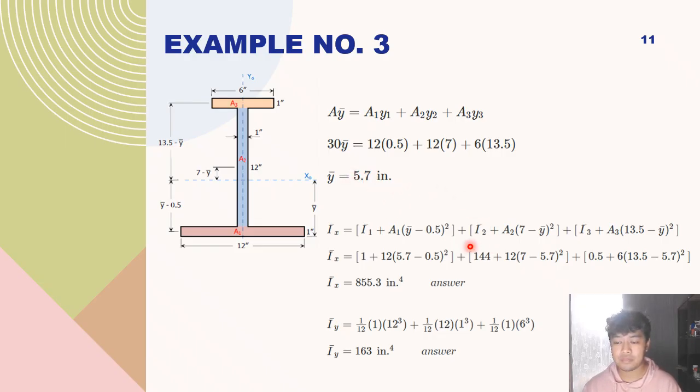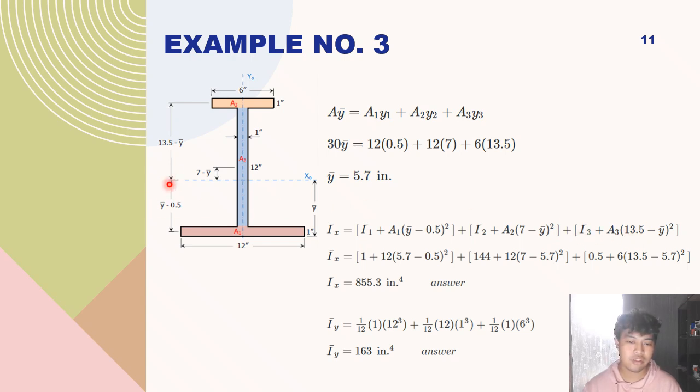And then for the other shape, we have here I2 plus area 2 times (7 minus y-bar) squared. So for the second area, the moment arm is 7 minus y-bar, and again, y-bar is 5.7. And then the last shape, area 3: the moment of inertia plus area 3 times the moment arm.